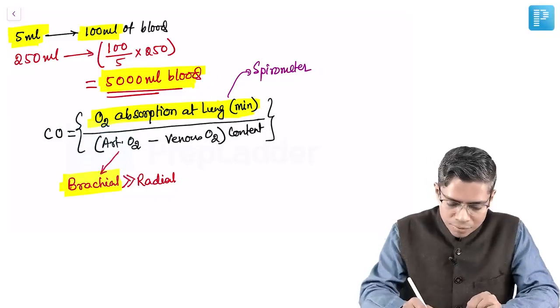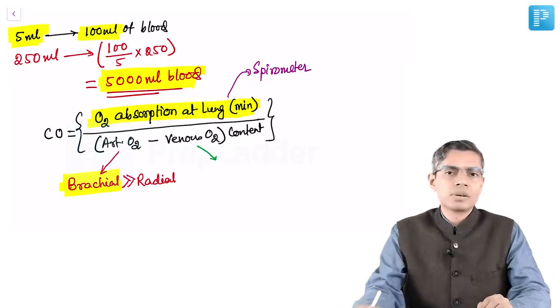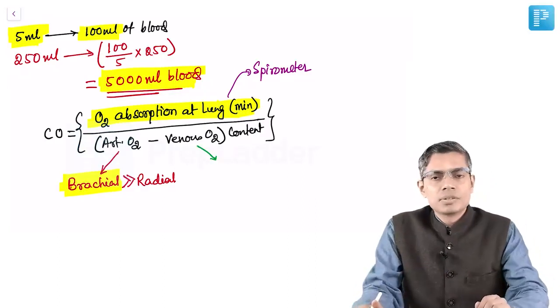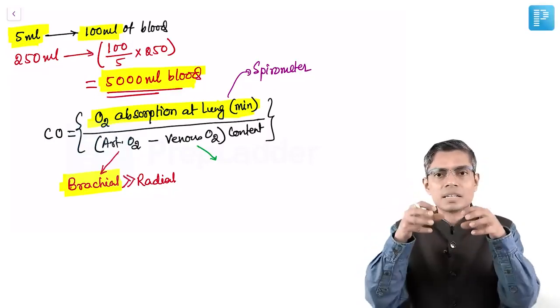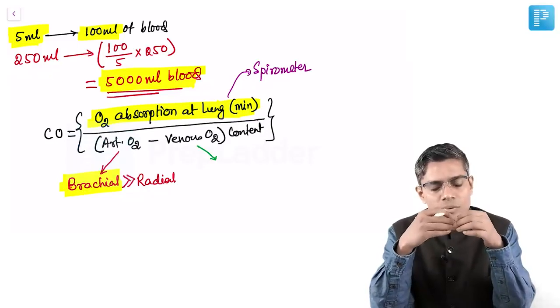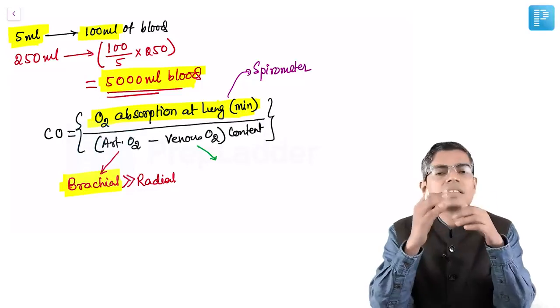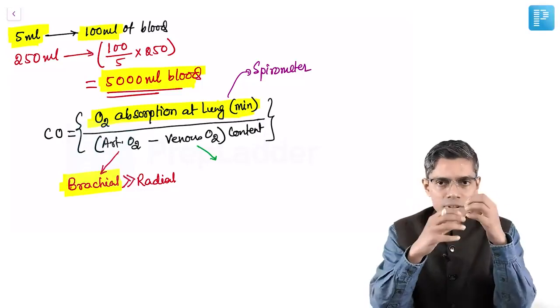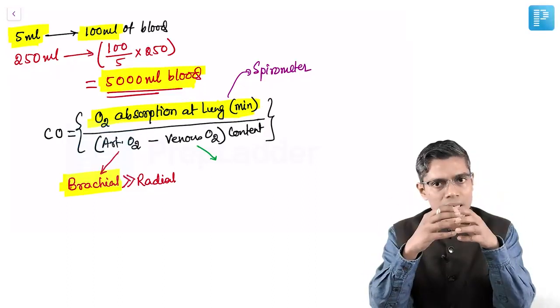And if I ask you from where you can take the best sample of venous blood? Not any peripheral vein, because you know that the superior vena cava and inferior vena cava drain their blood at the level of the right atrium. Then when the blood goes from the right atrium towards the right ventricle and then the pulmonary artery, at the level of the pulmonary artery there will be whole mixing of the superior vena cava blood and inferior vena cava blood.